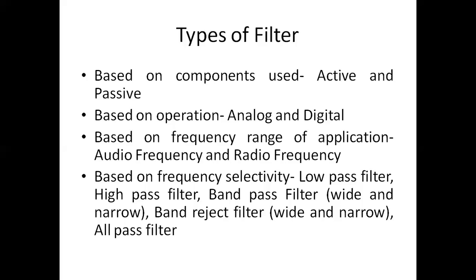Now, based on frequency selectivity, we have many types of filters, depending on the range of frequency it is going to select and reject. It can be a low pass filter, high pass filter, band pass filter, or band reject filter.